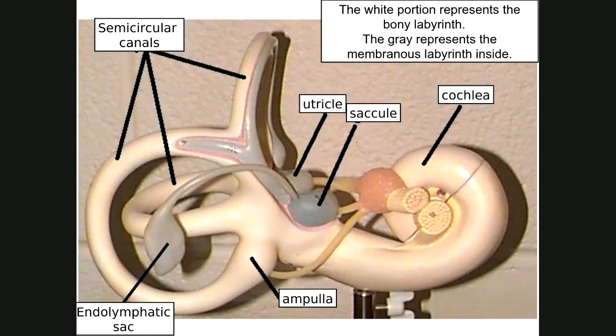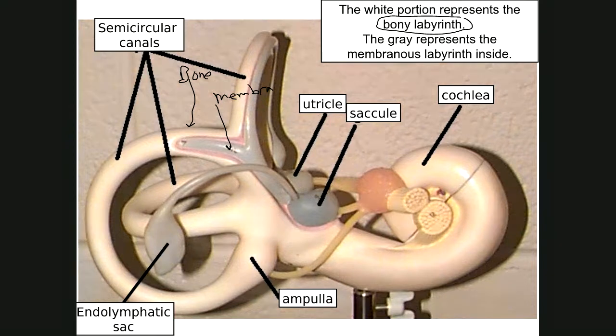So this white here represents bone. Look, it's hollow inside. It's hollow here because it's been drilled out. So that's the bony labyrinth. And then the gray part right here is that membrane that completely lines this tube.